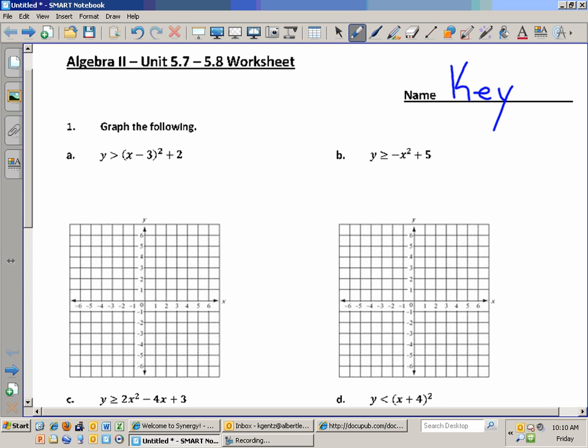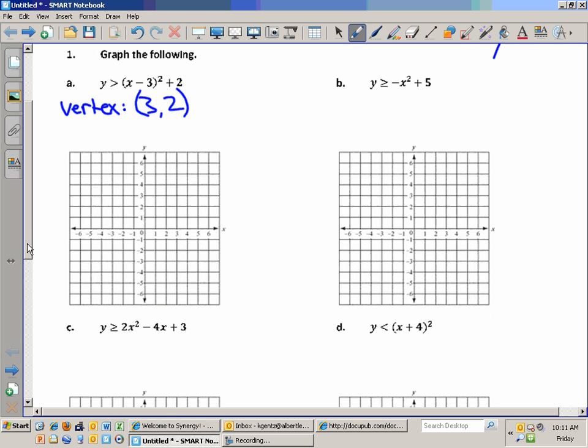Do you remember when we graphed these where we started? What was the first characteristic that we found? The vertex. What's the vertex in this problem? 3, 2. So we plot 3, 2.